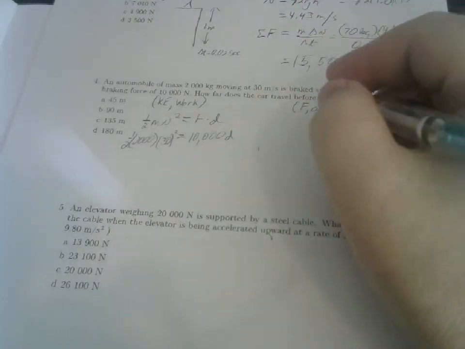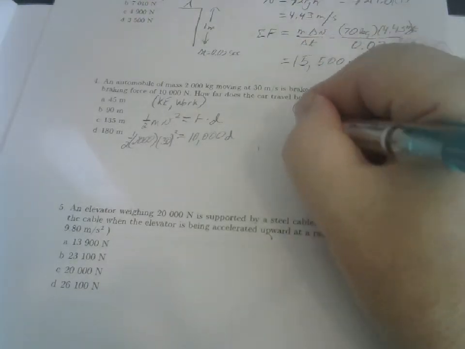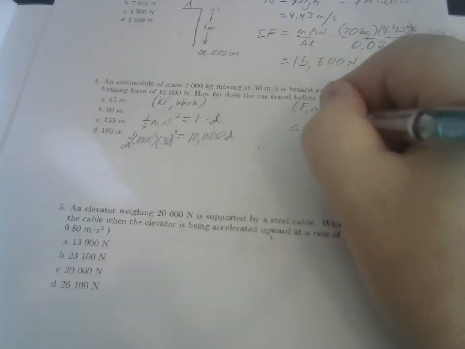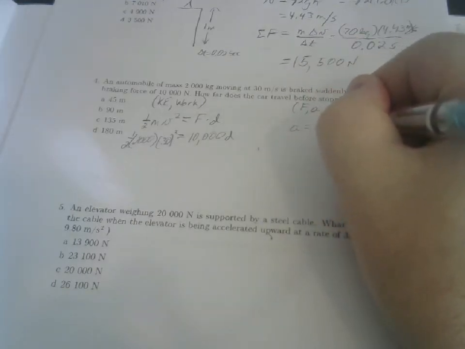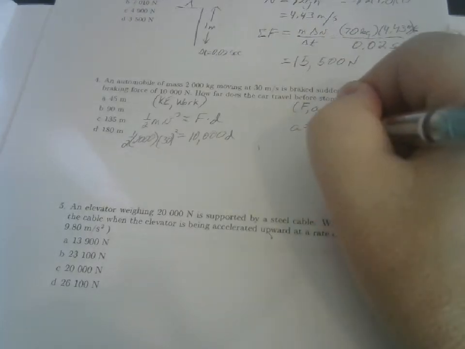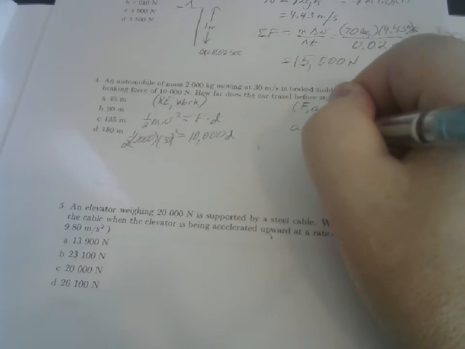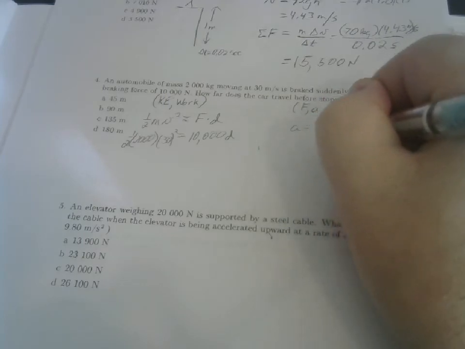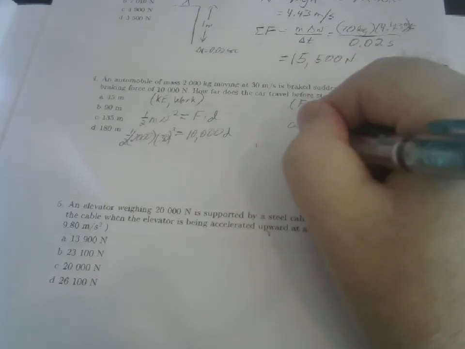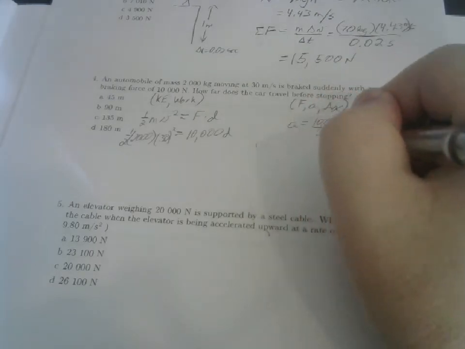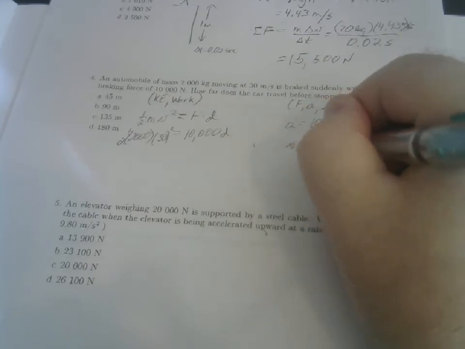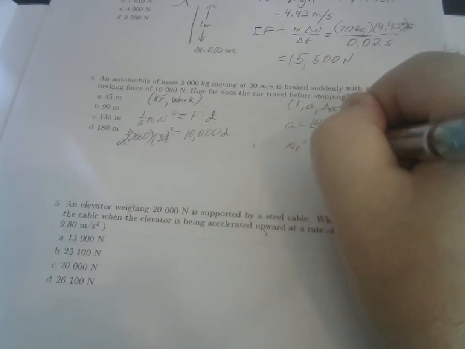The other way would be through finding out the acceleration, which would be 10,000 newtons divided by the mass of the car, 2,000 kilograms. And then finding delta x through v final squared equals 2a delta x.